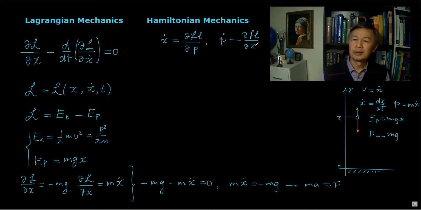So those are the two basic equations of motion in Hamiltonian mechanics.